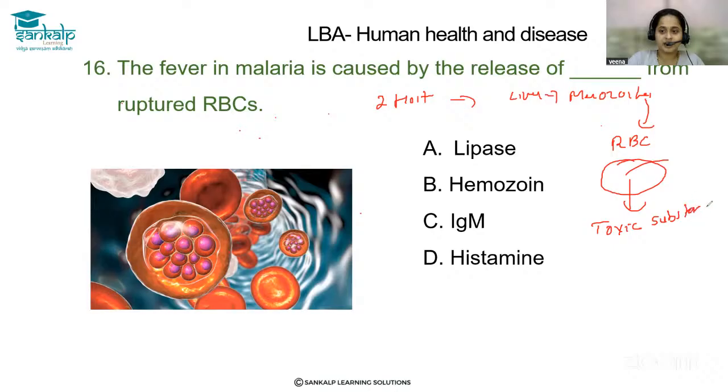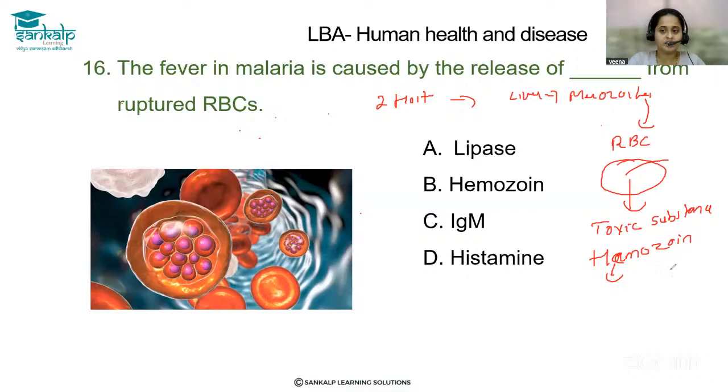That toxic substance is called hemozoin. This hemozoin is the reason for the recurring fever at regular intervals, for the chill fever and for the headache. That is what causes the symptoms of malaria in the human being.